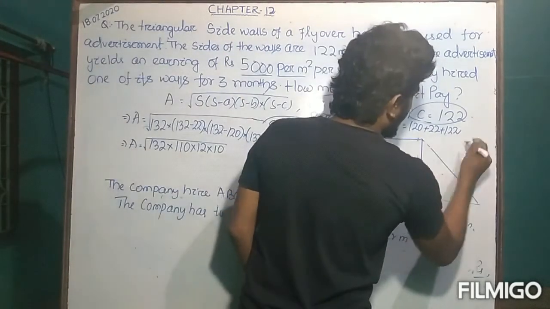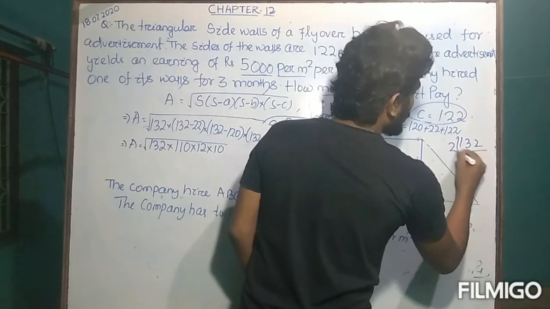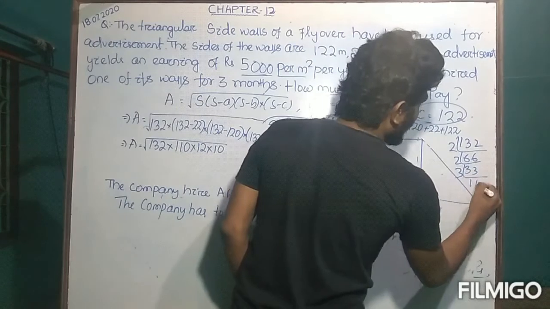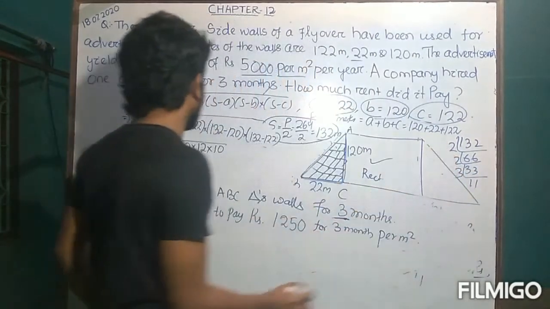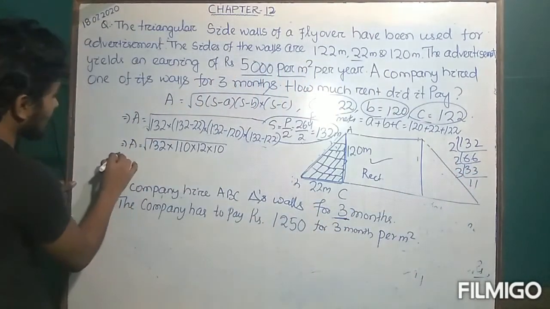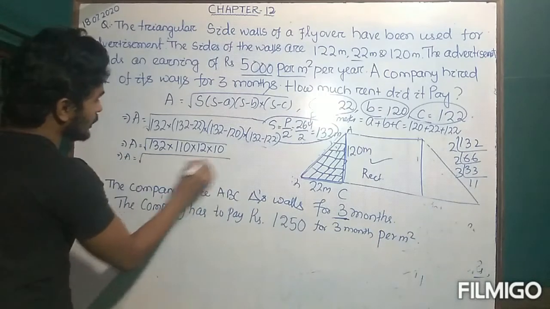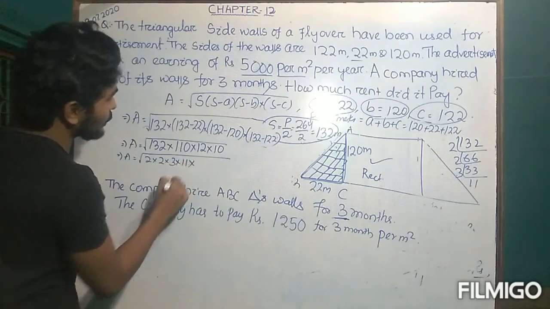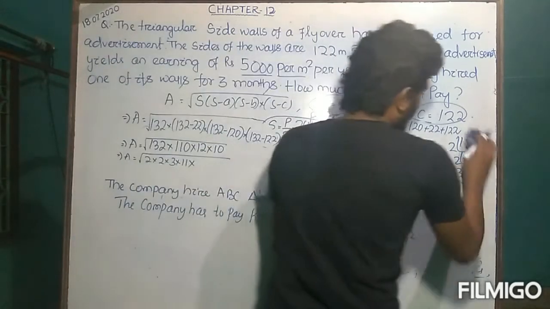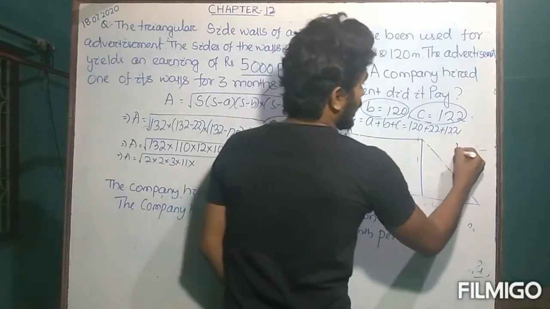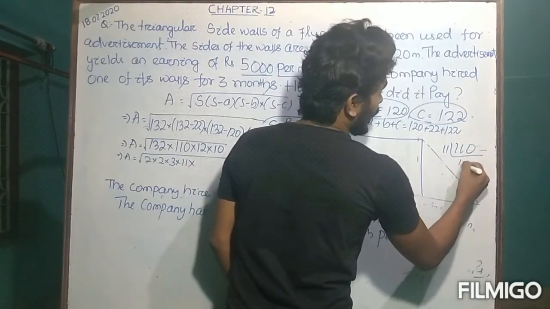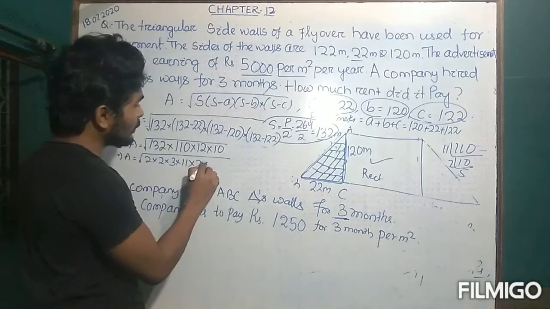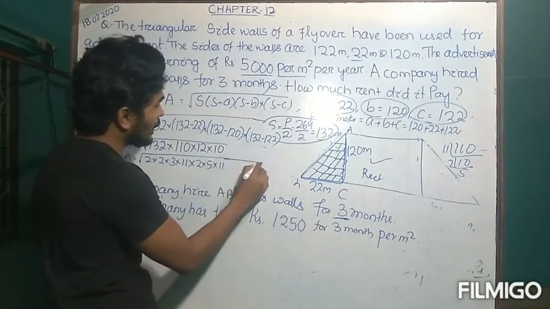132 can be factorized as 2, 2, 3, 11. So you can write area is equal to 2 into 2 into 3 into 11 into, now factorize 110: 2 into 5 into 11.